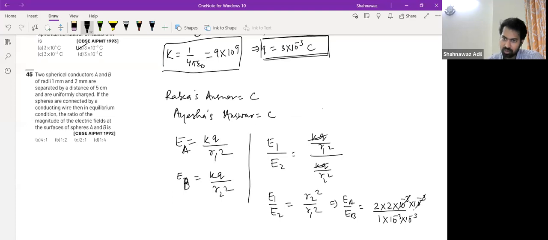So how much will you get, guys? Yeah, 4:1. So how did you guys get 2:1? I did not convert it into meter. Yeah, so we have a square, right? I took R2, I did not square it. Okay, good.